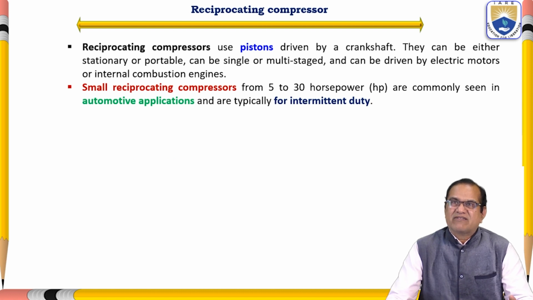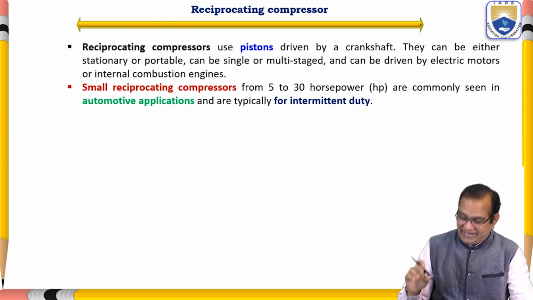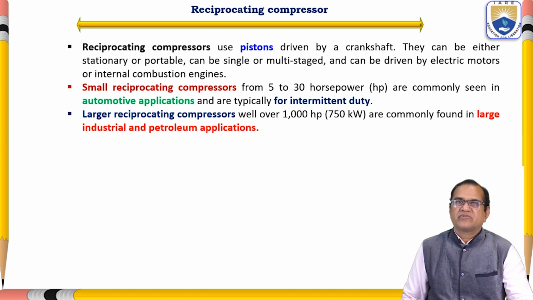Small reciprocating compressors from 5 to 30 horsepower are commonly seen in automobile applications and are typically for intermittent duty. So this reciprocating compressor will do the intermittent duties.